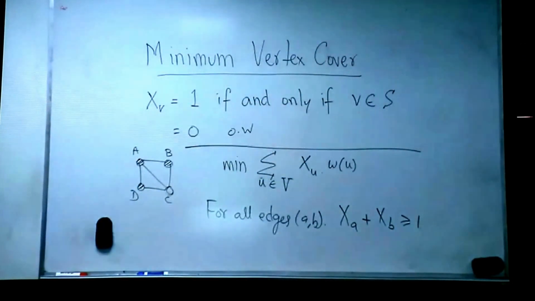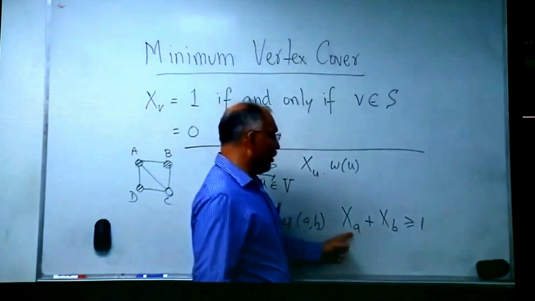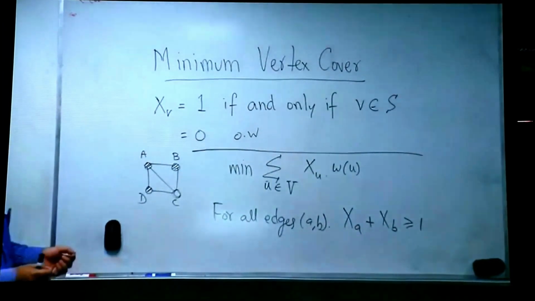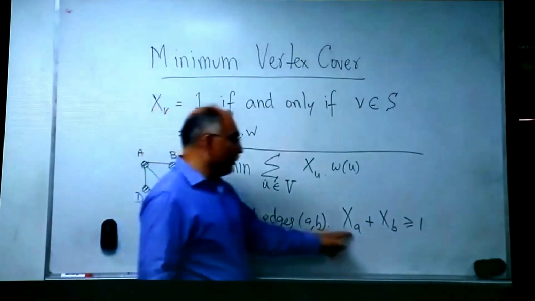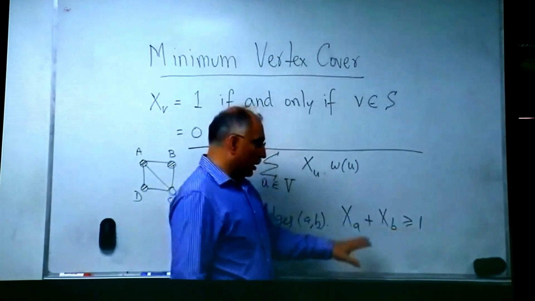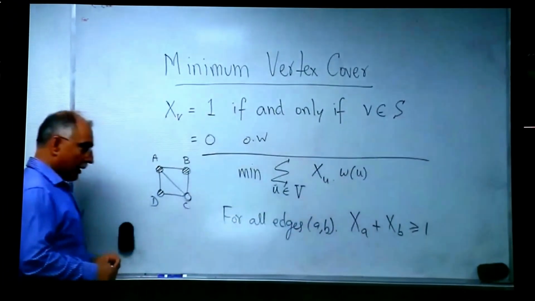What we are saying, in other words, is that for every edge, I want to make sure that one of the 2 endpoints is selected in the subset S. Of course, it could be that both xa and xb are 1, in which case the left hand side is 2 and the right hand side is 1. But the key point is that both of them simultaneously cannot be 0, otherwise this is an uncovered edge.